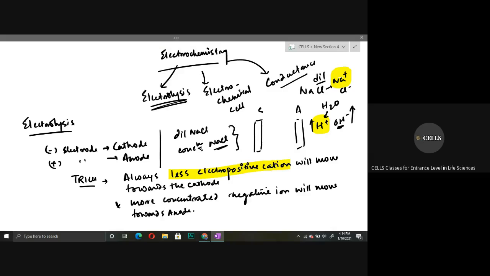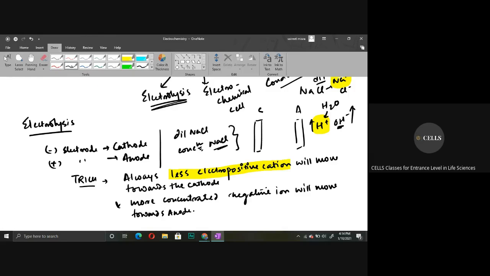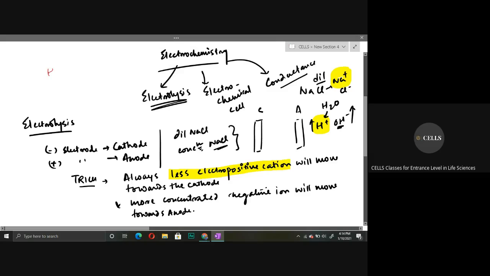Which one is more electropositive among Na plus and H plus? As per the periodic table, here there is H plus, here there is Na plus, so Na is more electropositive. Now, according to the trick, the less electropositive cation will move towards the cathode.